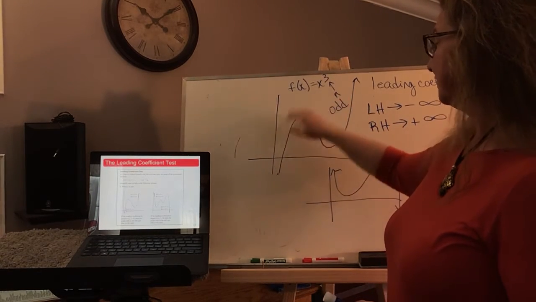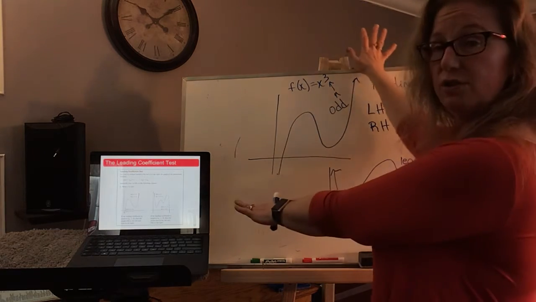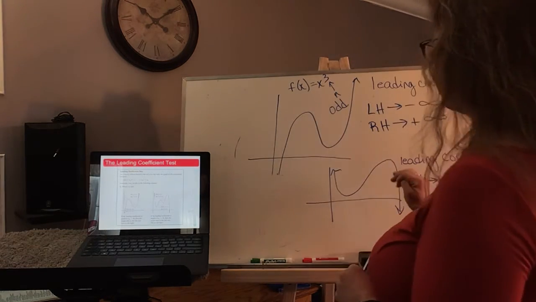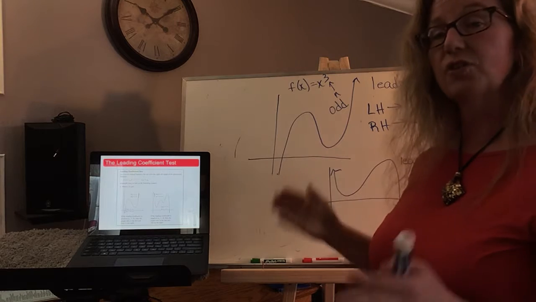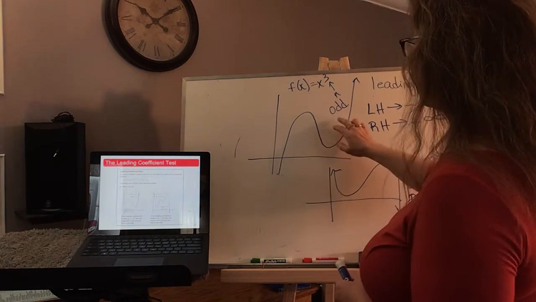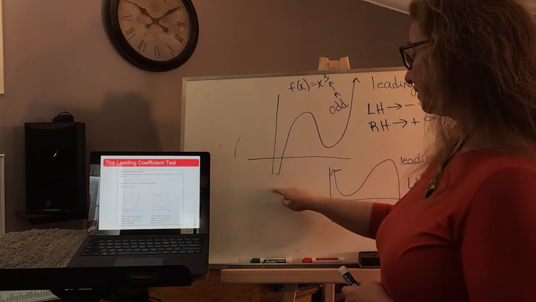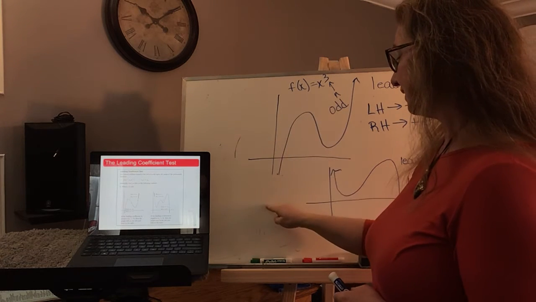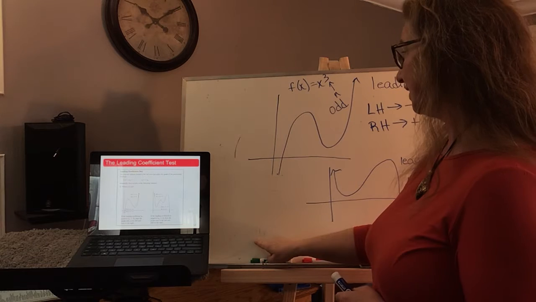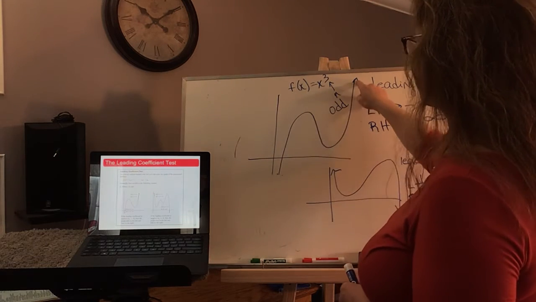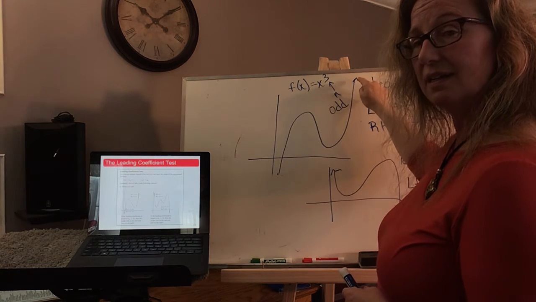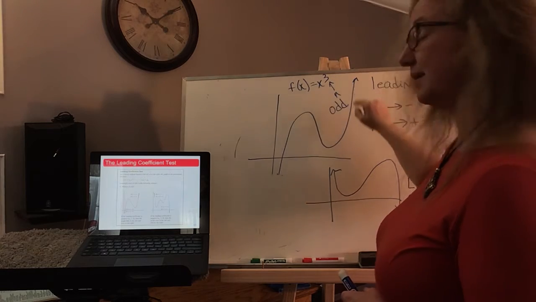If it's odd, the two ends are going to do two different things. If it's even, we'll look at that in a second, they're going to go in the same direction. If it's positive, the smaller the x, the more likely it is to go to a negative value. This right end gets bigger and bigger and bigger. That becomes more positive.